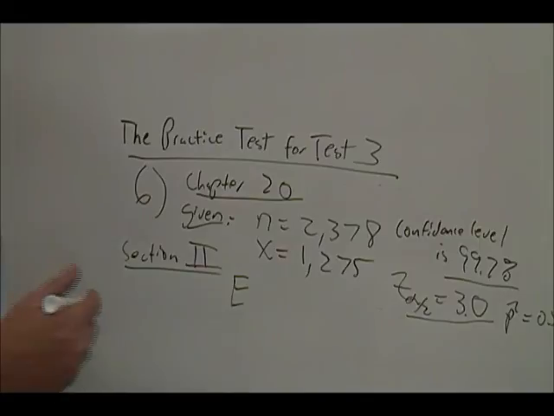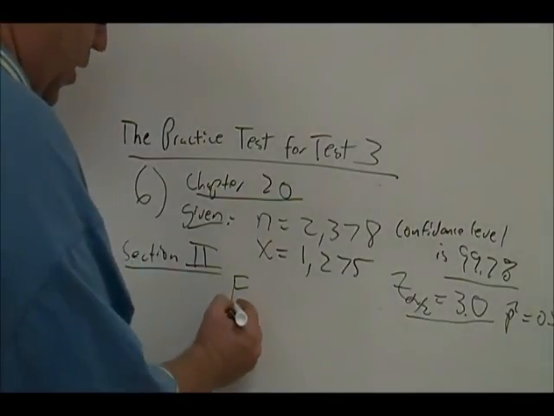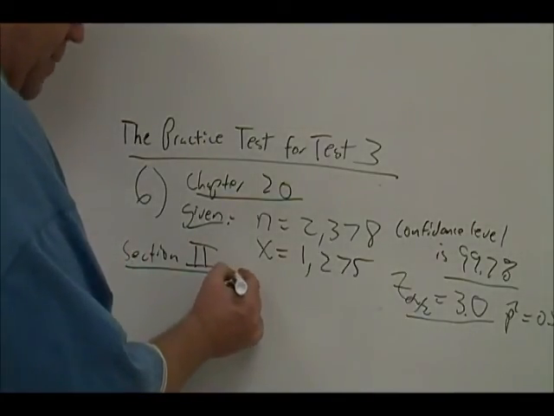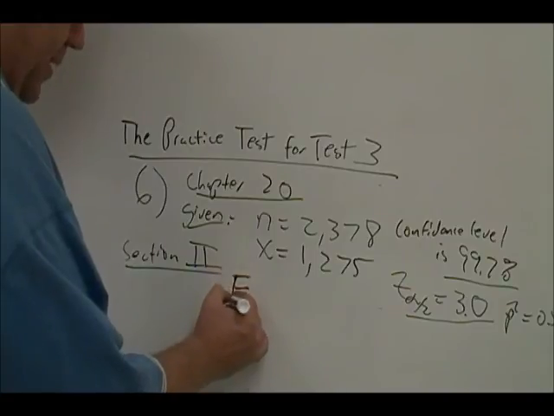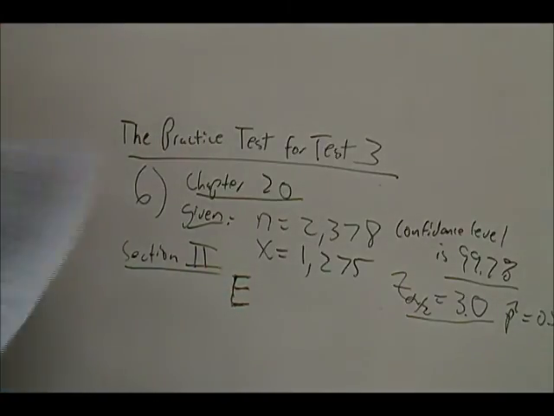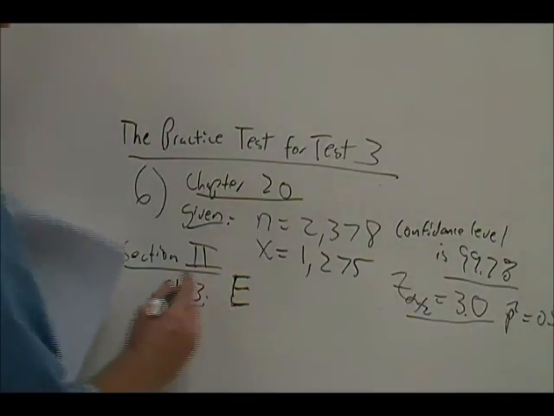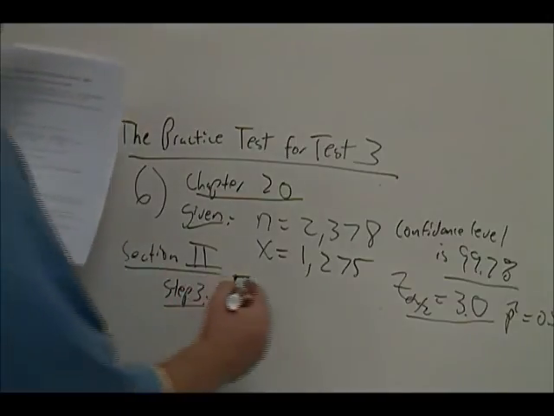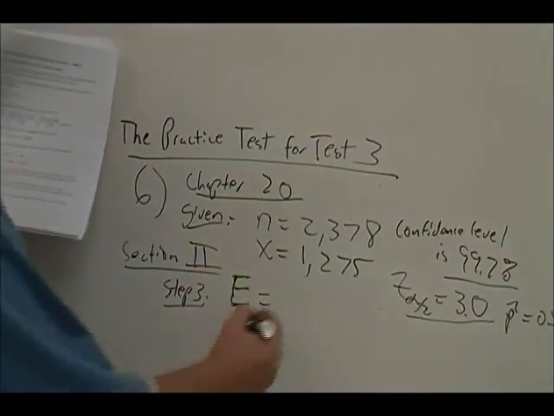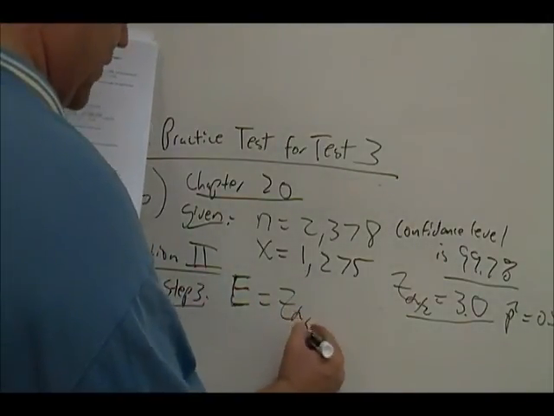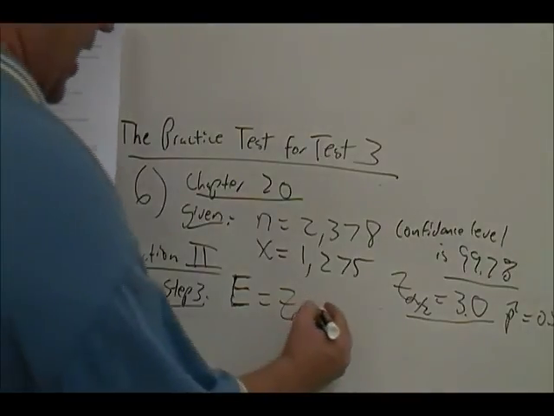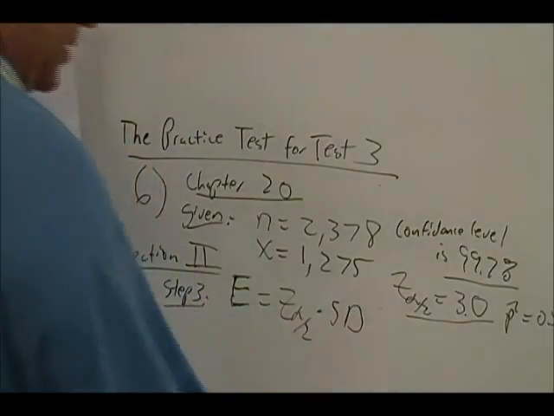So there's going to be error involved since we only did a survey based on a sample taken from a population, an inferential study. The formula in step 3 is E is equal to the critical value Z alpha over 2 times the standard deviation you got from step 2.